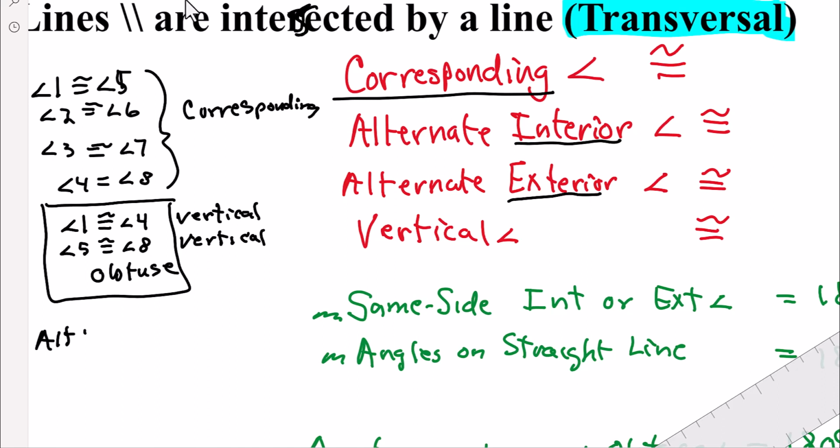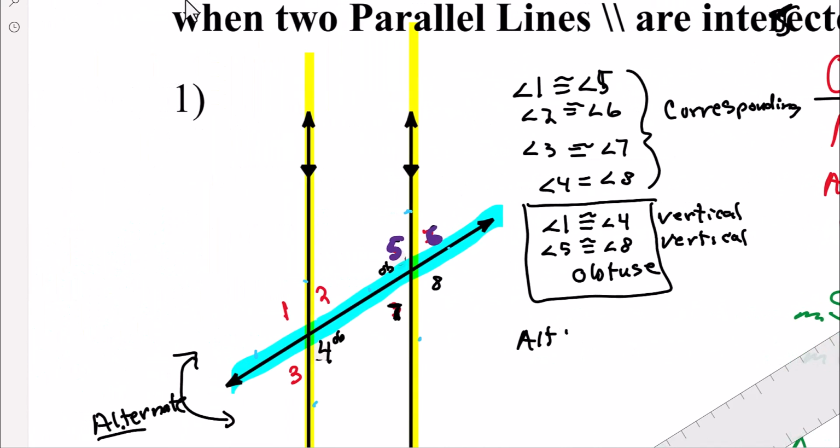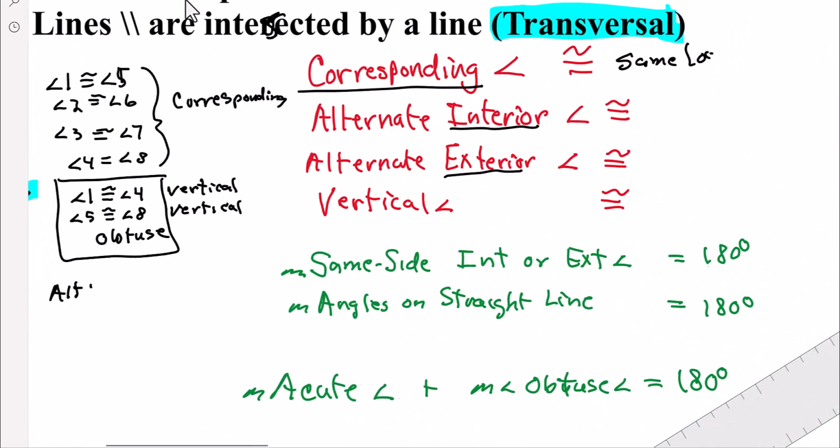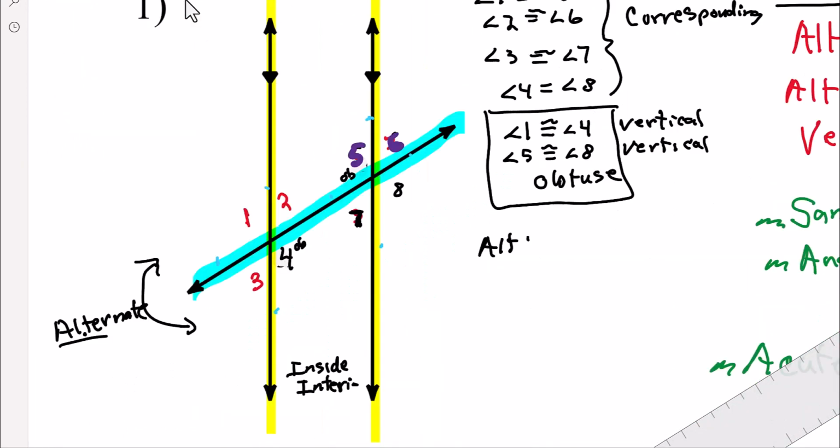So these are all the angles that are congruent. Corresponding, they're in the same location. Meaning, if you number the two sets 1, 2, 3, 4, 5, 6, 7, 8, the upper left are corresponding. All right? And then if you look on the inside, alternate.